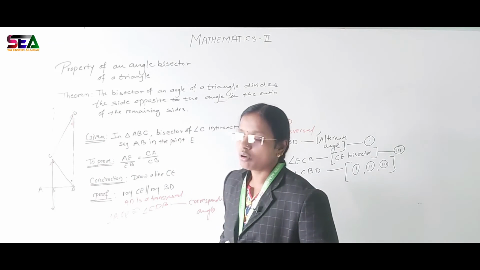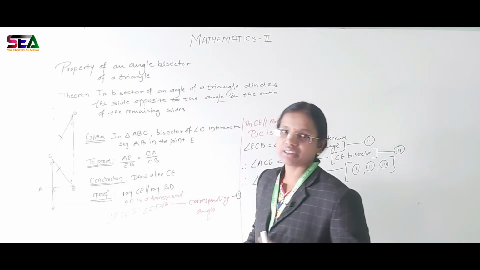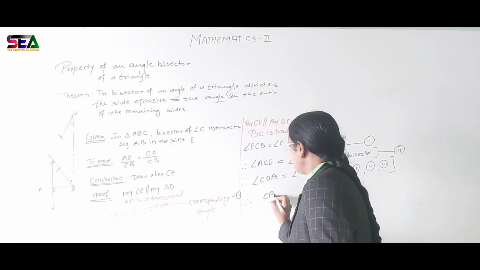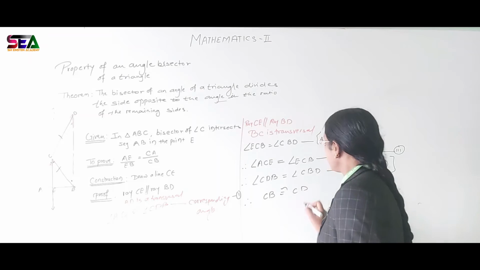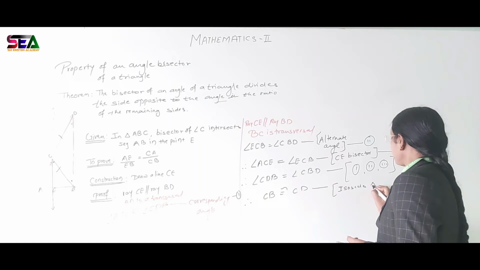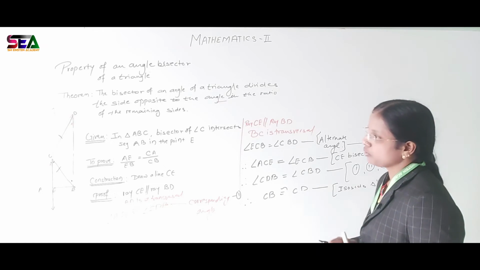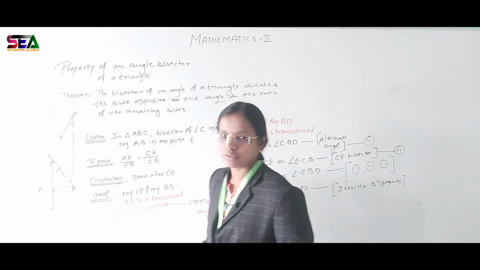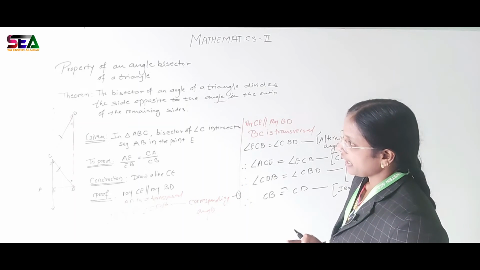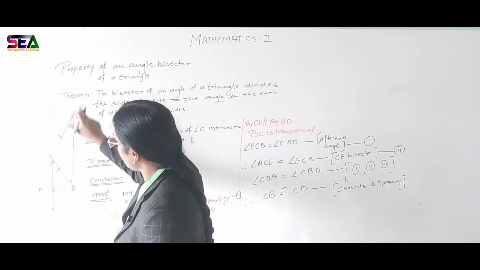Now as we know, when two angles are congruent, the sides opposite to them are also congruent. By the isosceles triangle theorem, therefore CB is congruent with CD. Two angles are congruent, therefore the sides opposite to them are also congruent. Now in triangle ADB, we will consider the big triangle ABD.